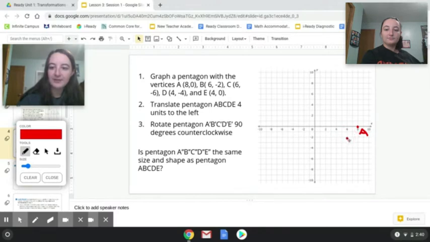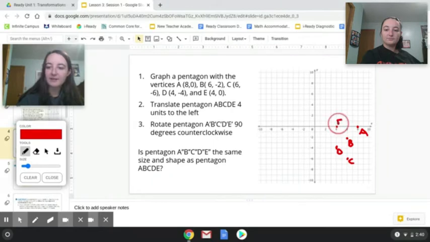So there's our B. And we have C, which is at (6, -6), so we go to the right 6, down 6, so there's our C. Then we have D, which is at (4, -4), over 4 and down 4, so there's our D. And finally we have E, which is at (4, 0), right 4 and down 0, so here's our E.